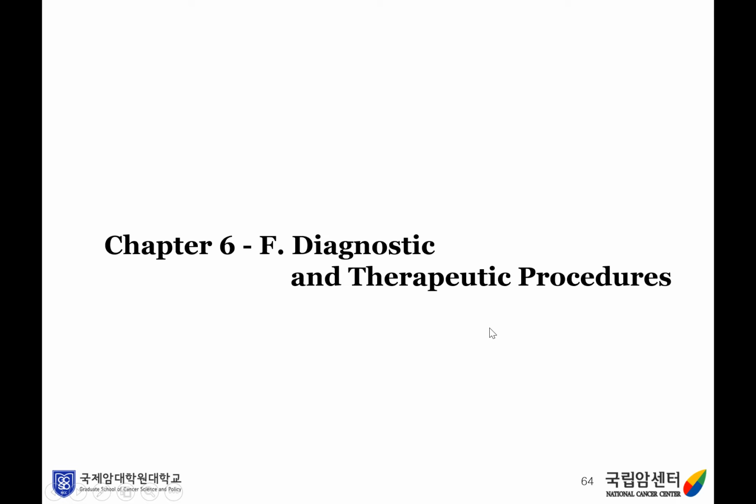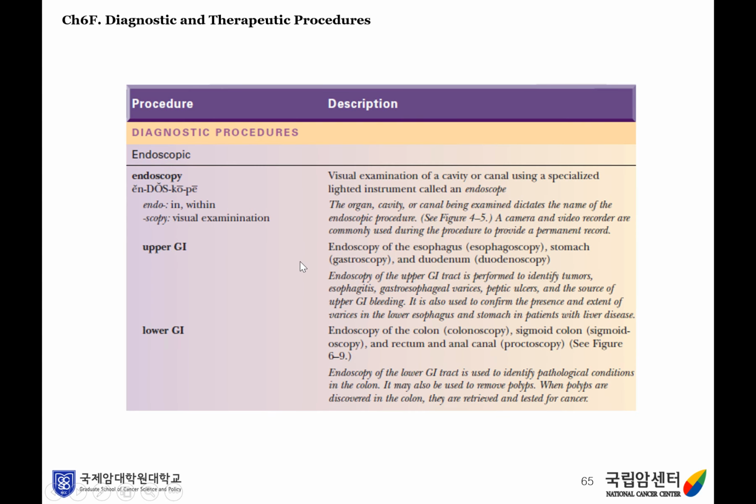And I'm going to talk about diagnostic and therapeutic procedures. Endoscopy means visual examination of a cavity or canal using a specialized lighted instrument called an endoscope, upper GI and lower GI endoscopy.